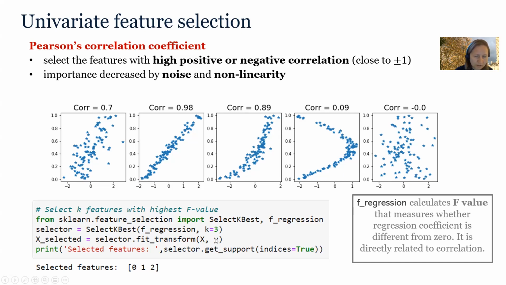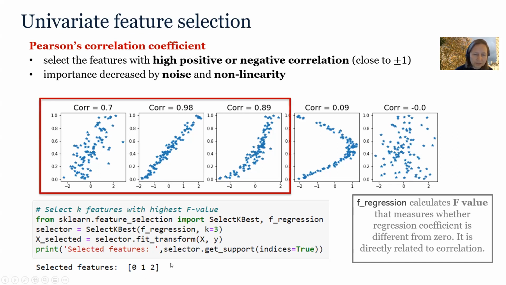But we also need the target value this time. And if we then, after fitting, call the function get_support with indices equal to True, it will give us the indices of the selected features. So we can see, as expected, that scikit-learn selected for us the first 3 features according to the correlation coefficient.